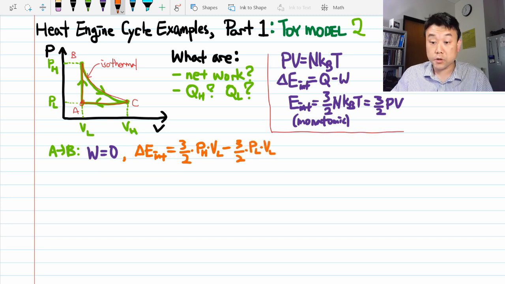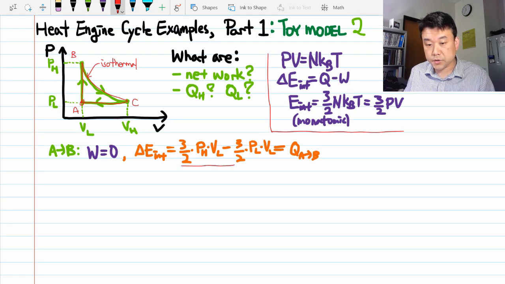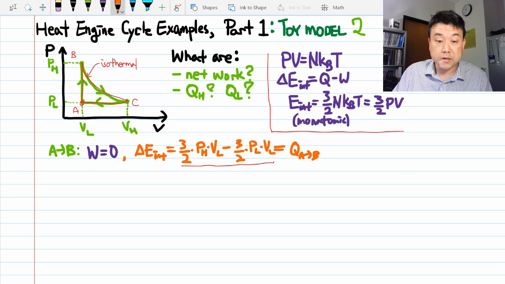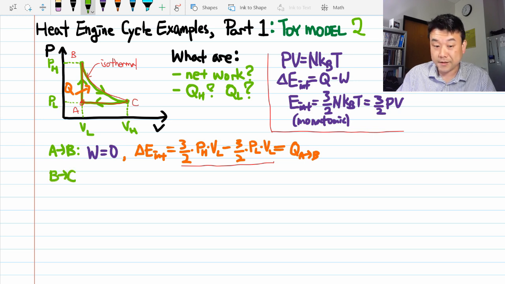And since the work done is 0, this amount of internal energy change is due to the heat transferred from A to B. If you look at this expression carefully, you can see that it's positive. So that means there's a heat inflow during this isochoric heating. Kinda makes sense.